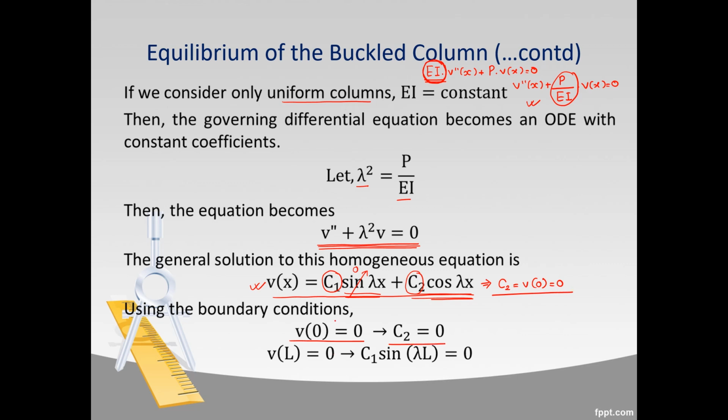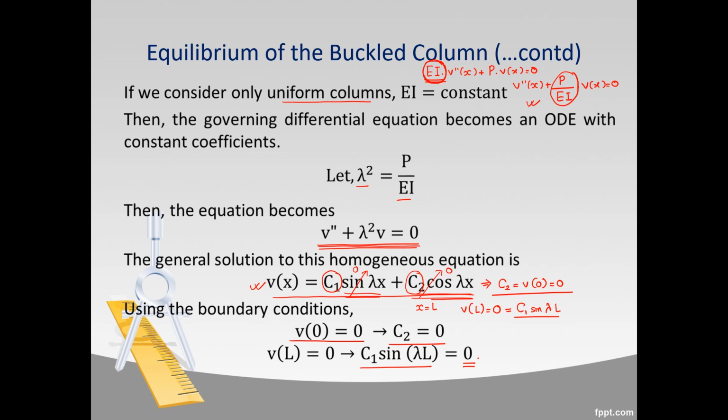And if you put x equals to L in the same equation, then V at L, which is again equal to 0, is given as, now since C2 equals to 0, this term will be 0. The remaining term will be C1 sine lambda L. So C1 sine lambda L equals to 0.